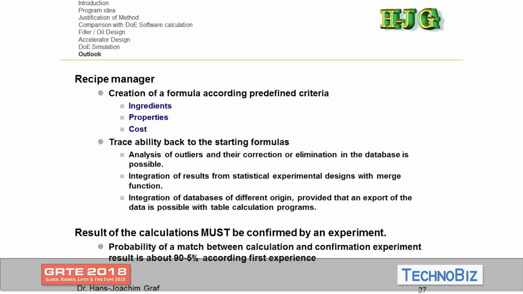Why we failed with the neural network was that a neural network is very intolerant to mistakes in the database. So we need to be able to track back so that we can identify values with typing errors or so in the database. And that was one of the specifications for this program.